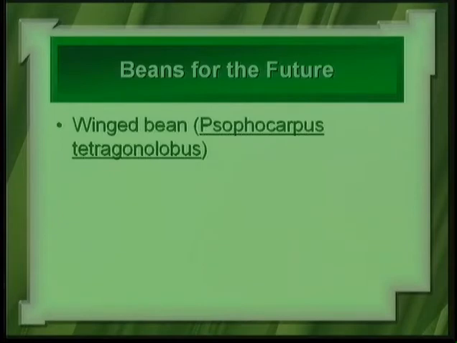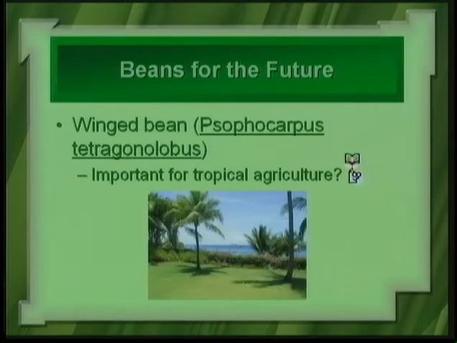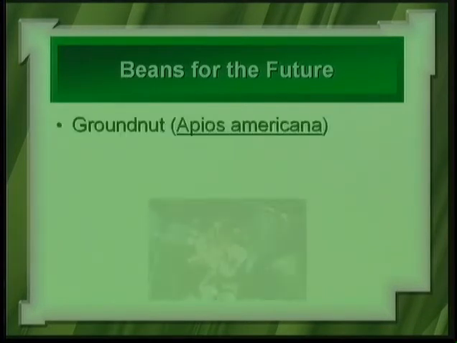The thing about it too, maybe your textbook puts forward the idea that the winged bean will be as important for tropical agriculture and the regeneration of tropical soils as the soybean has been important for the regeneration of some temperate area soils. Maybe that.